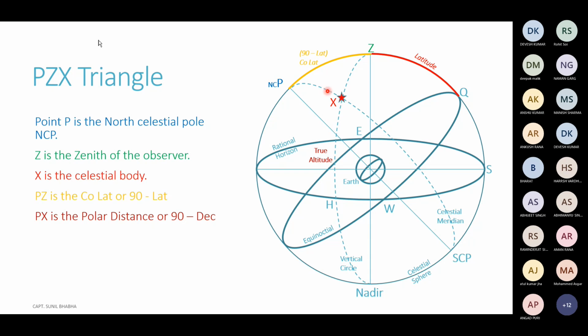That tells us that the PX side, which we call the polar distance, will be equal to 90 minus declination. I have highlighted this PX side with the maroon highlighter, and this side is the polar distance of the body, telling us the distance of the body from the nearest pole, and this will be equal to 90 minus declination.